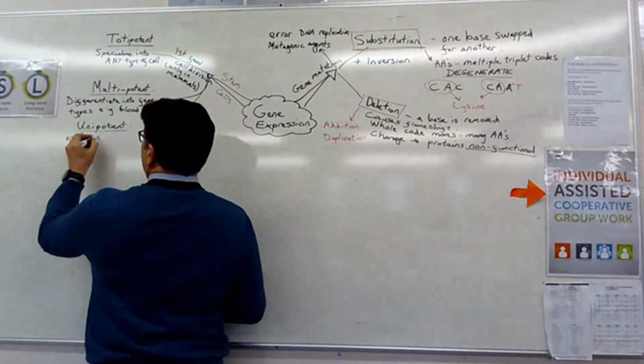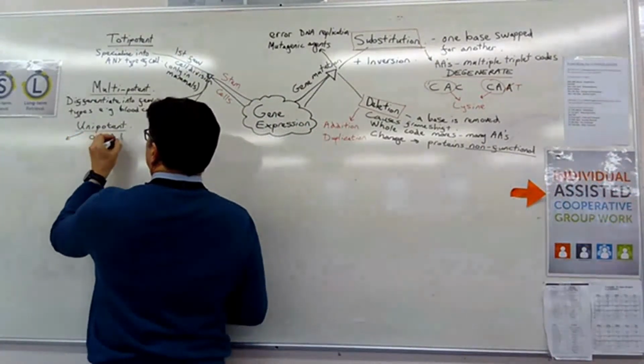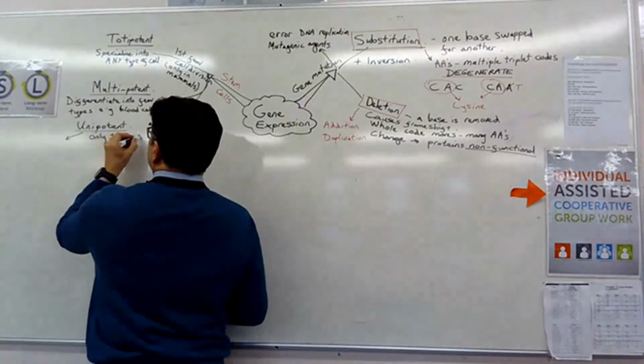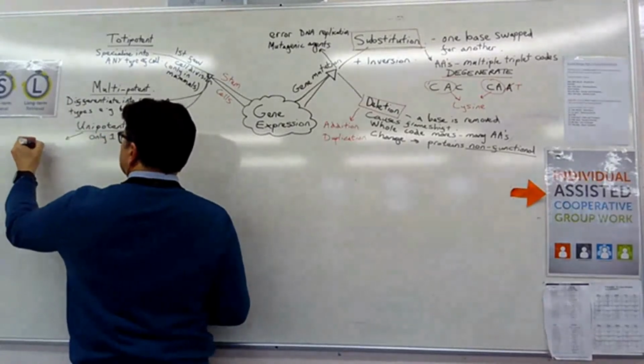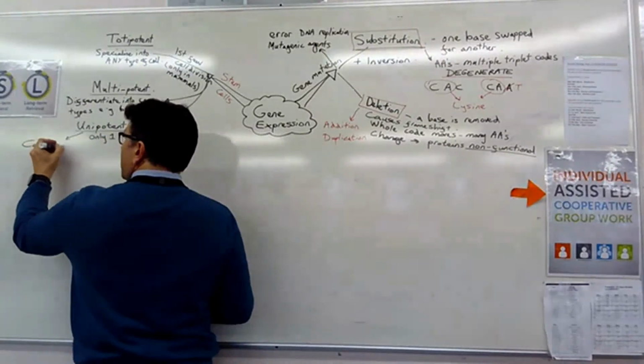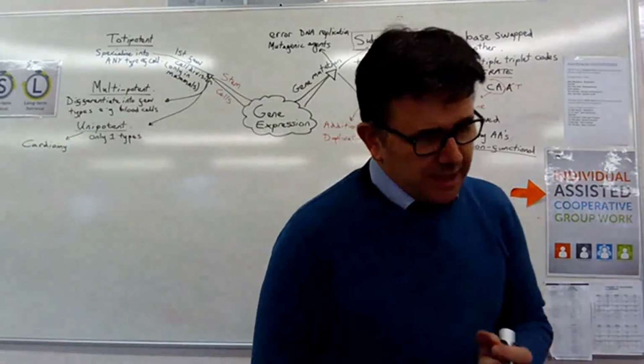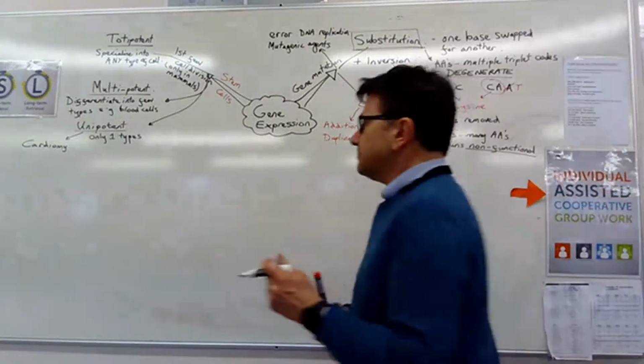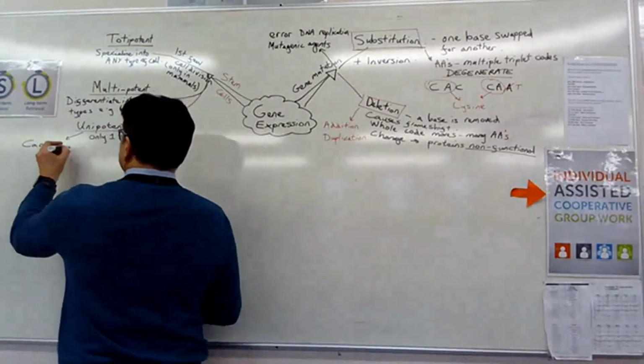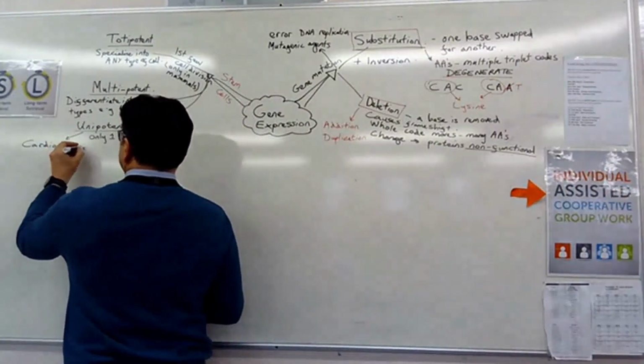Only one type. Where would you have cardiomyocytes? What does it sound like? Heart muscle cells. Good.